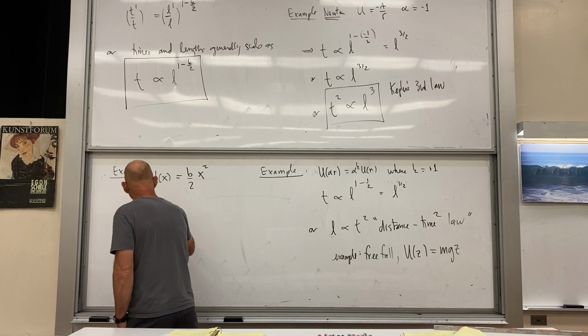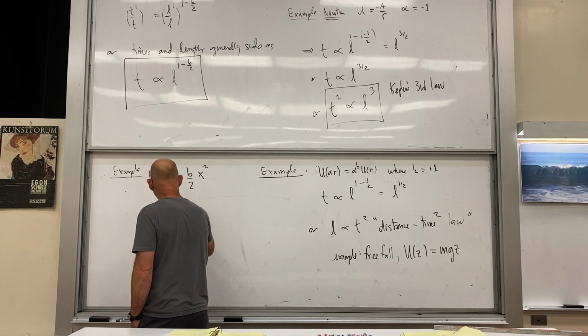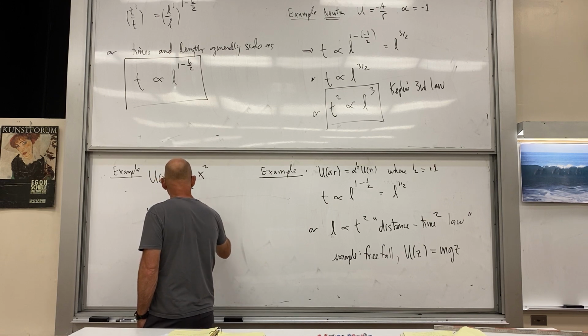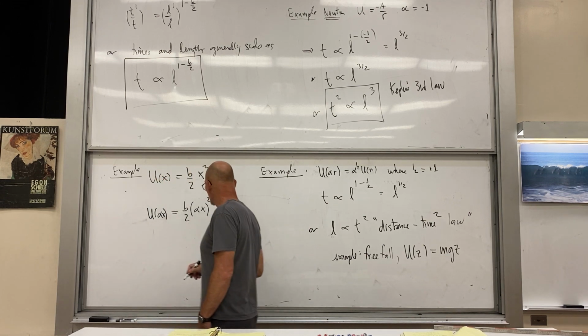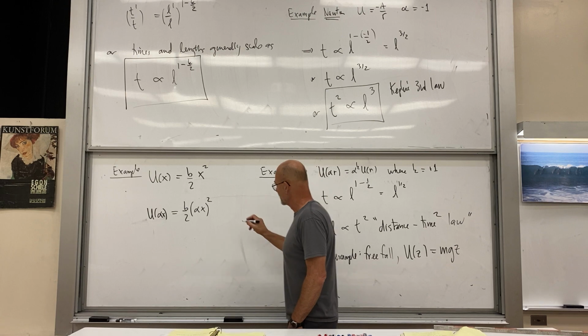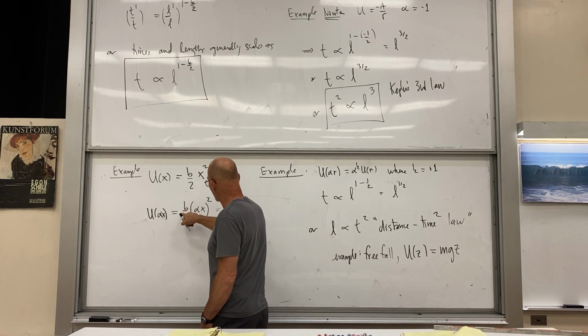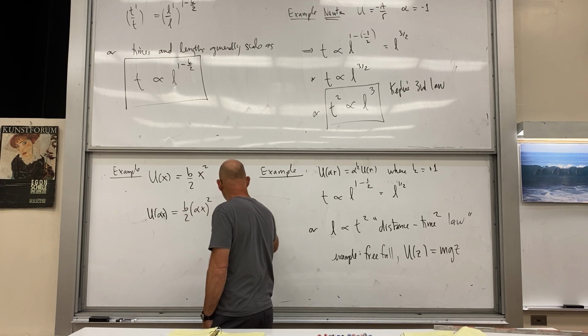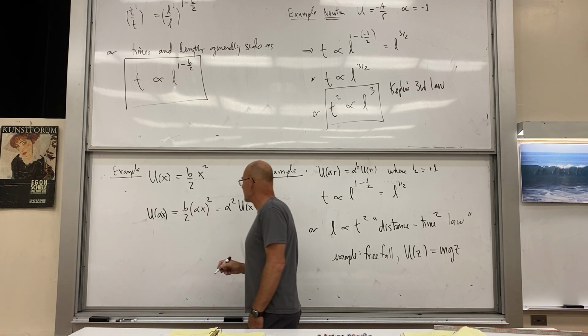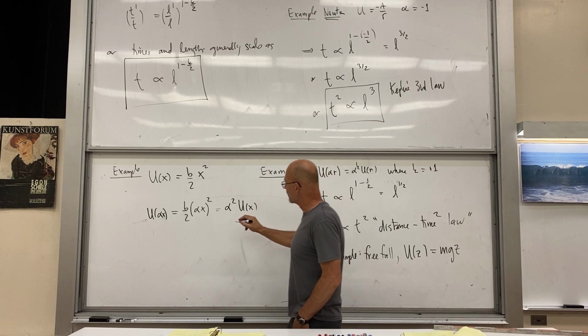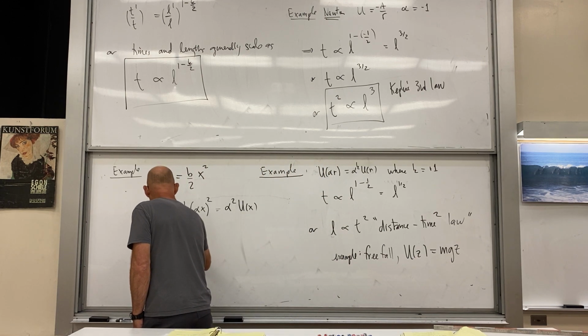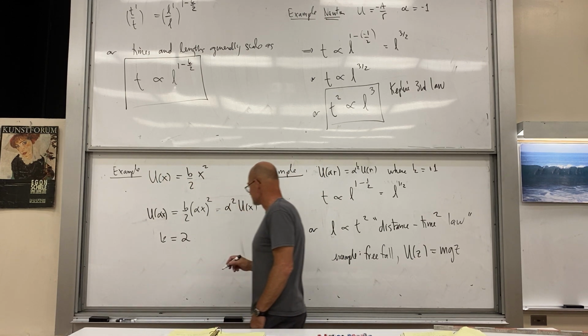Okay, so now U of alpha X is equal to B over 2 alpha X, the quantity squared, equals alpha squared, and then when I pull that out, I've got B over 2X squared, so alpha squared U of X, and therefore K is equal to 2.